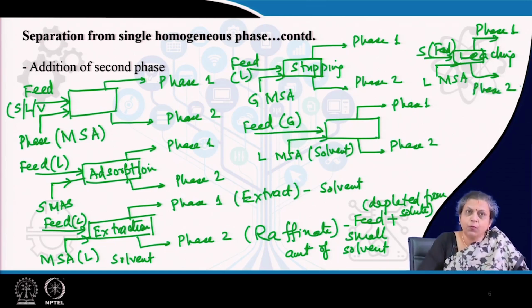So, when it is not possible to create a product by addition of energy or reduction of pressure, then we create the second phase by adding a second phase to the feed. When the feed is a solid, we can add a liquid to it and perform the process of leaching.